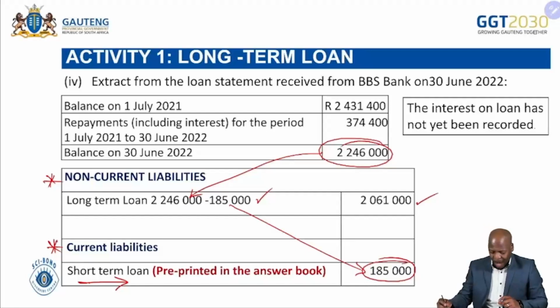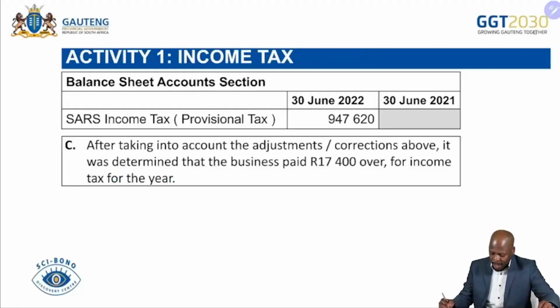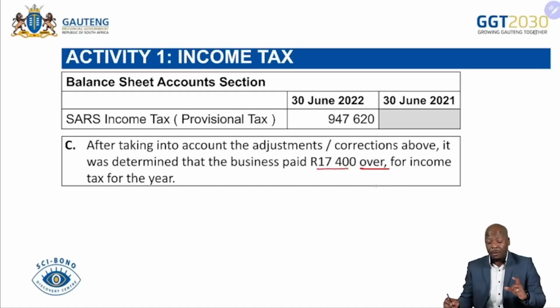Now, my dear learners, we are almost at the end of this particular question. And it cannot be over without income tax. They say, after taking into account the adjustments or the corrections, it was determined that the business paid 17,400. Listen to the instruction here: 17,400 over. So we were supposed to pay a particular amount, but we paid over. Let's understand how this happens. Remember, there are provisional tax payments, because we only know how much we're supposed to pay for income tax at the end of the financial year.